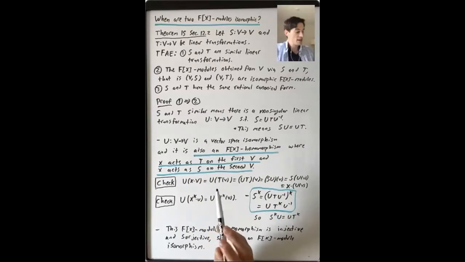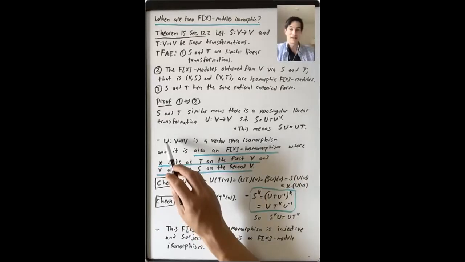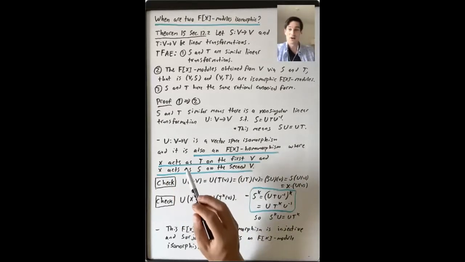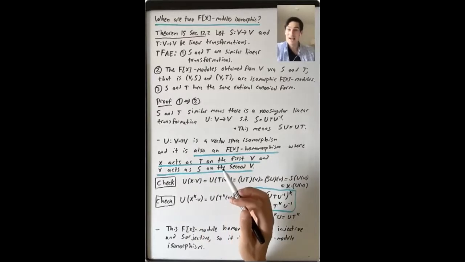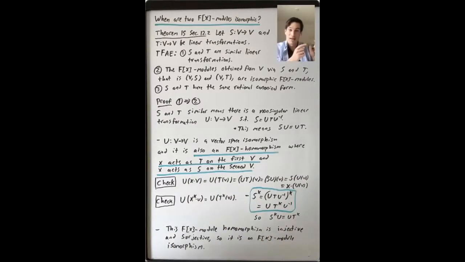We need it to be that we apply this linear transformation to some polynomial acting on a vector v, and that's the same thing as if we first apply the linear transformation and then act by the polynomial.